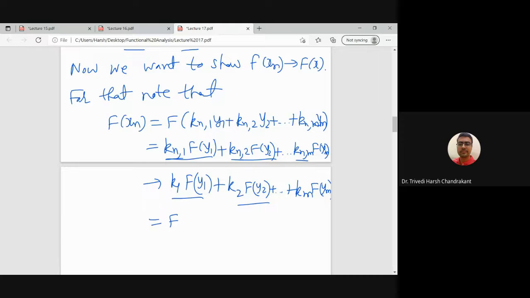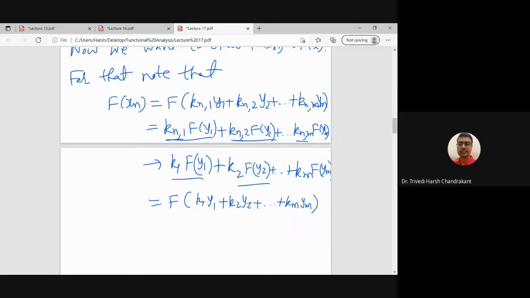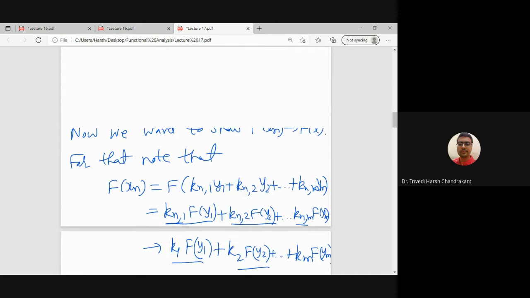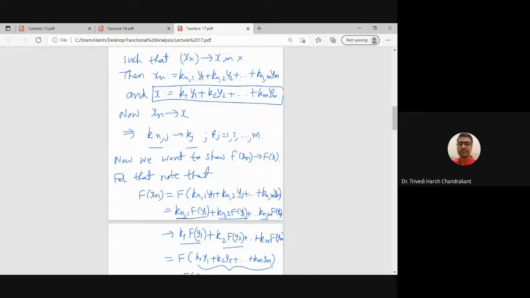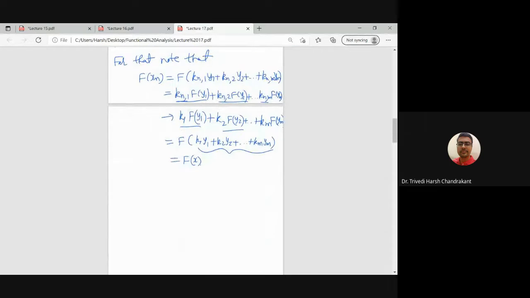Again f is linear, so that is f of k1 y1 plus k2 y2 plus ... plus km ym, because we can take scalars and addition inside. And what is this element? This is f(x). Note what x is: x is this element. We just use that f is linear here, and using that we got f(xn) converges to f(x).